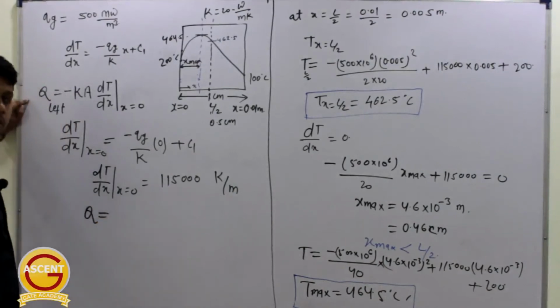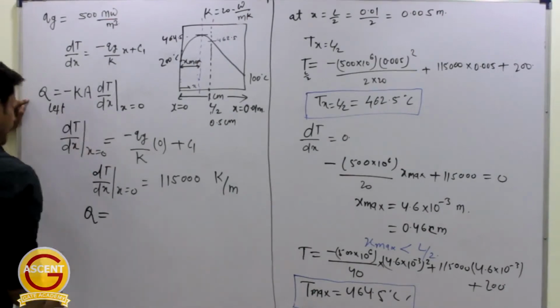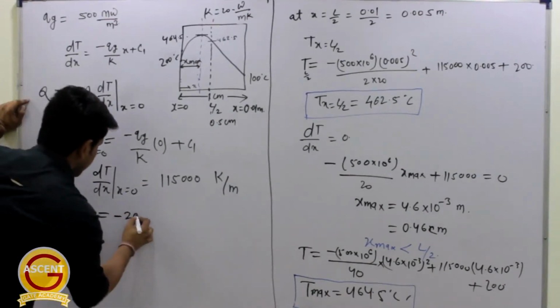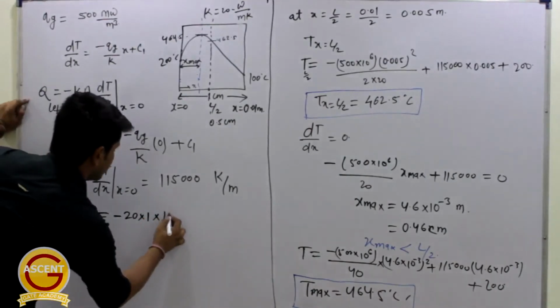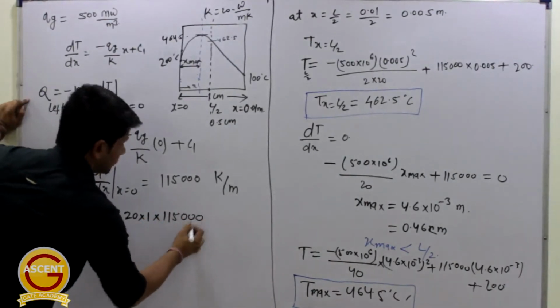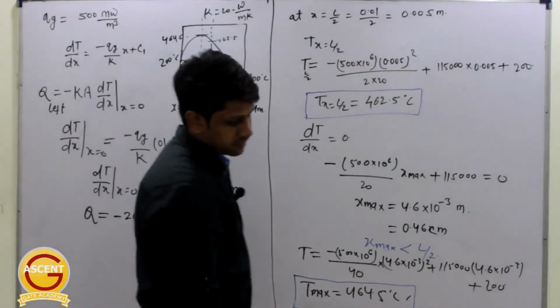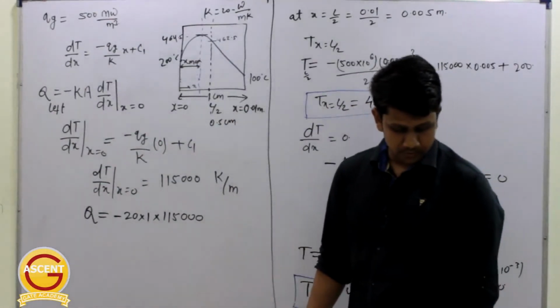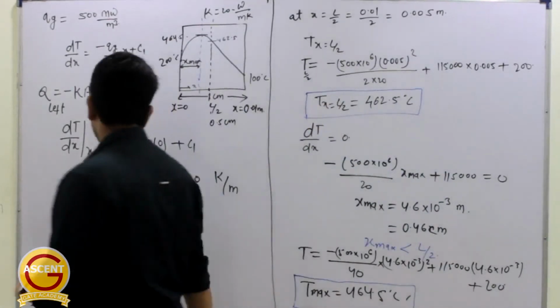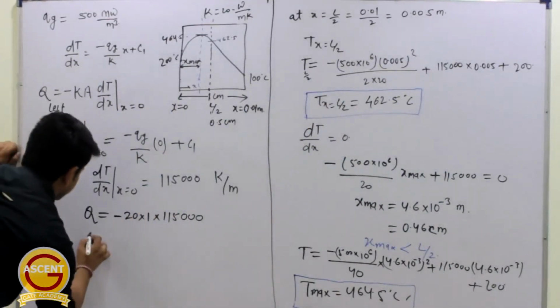So as area is not given, we will calculate this heat transfer per unit area. So K value is 20, so minus 20 into area we have taken as 1 into 115,000. So this heat transfer from left phase, you will get the value as minus 2.3 megawatt per meter square.